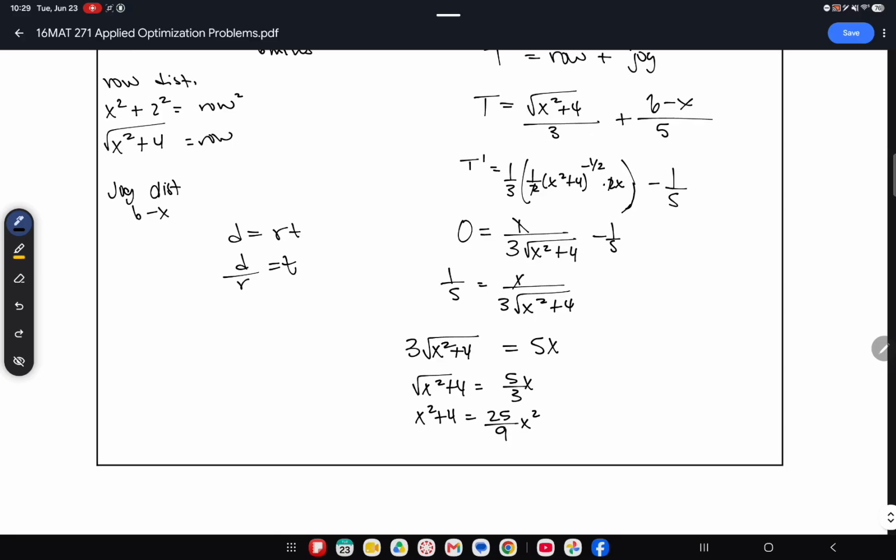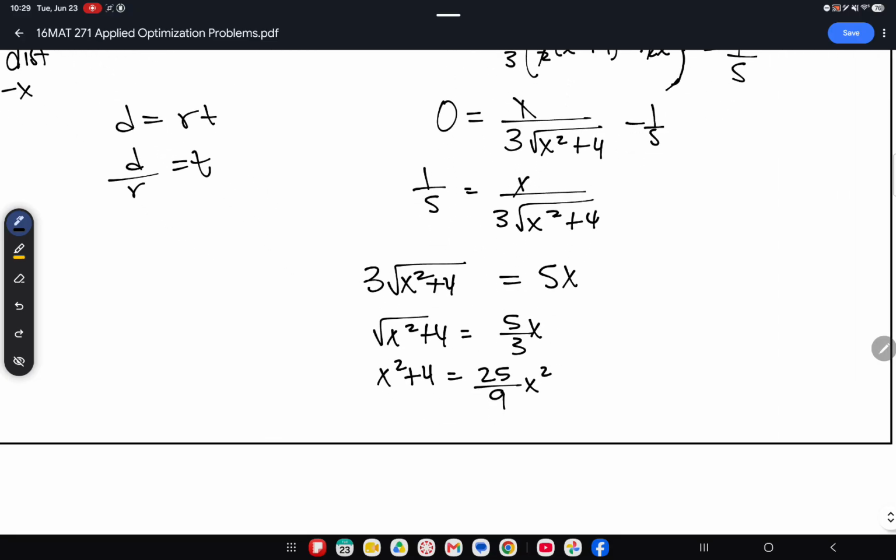And then we can combine some like terms. So then I'll subtract 1. So subtract 9 here. Sorry, 9 over 9. So I get 4 equals, and 25 minus 9 is 16, right? x squared.